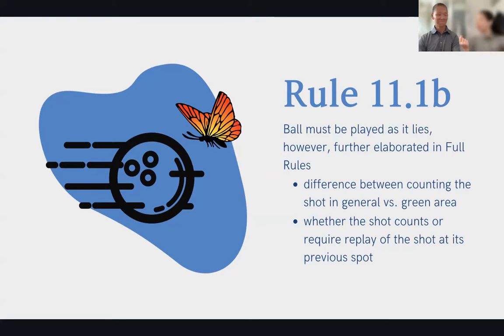So an animal, does it fall under loose impediment or outside agent? A beetle is an outside influence. Okay, so in that case, for example, I forgot to brush it away, and when I putt, it actually hits the beetle. Then you have to cancel that stroke. So you have to replay it.